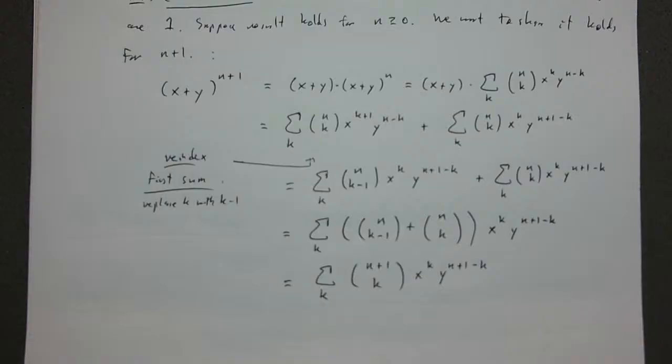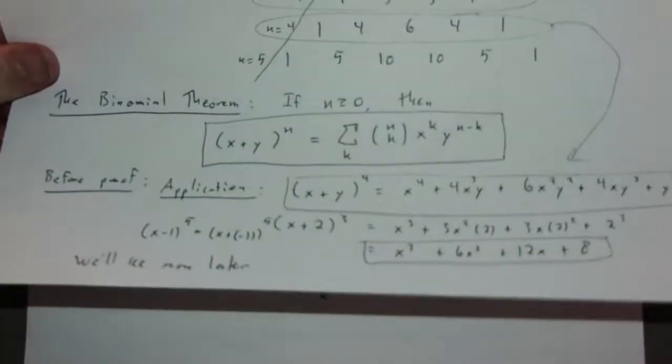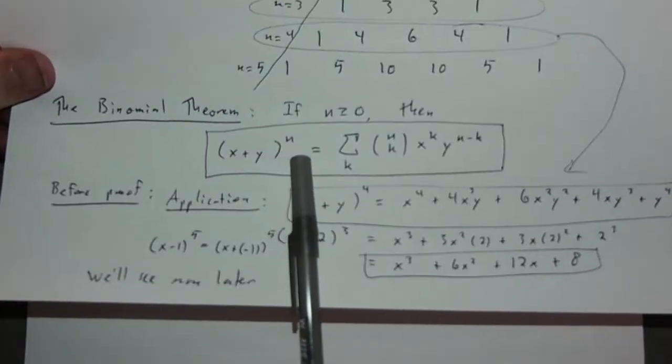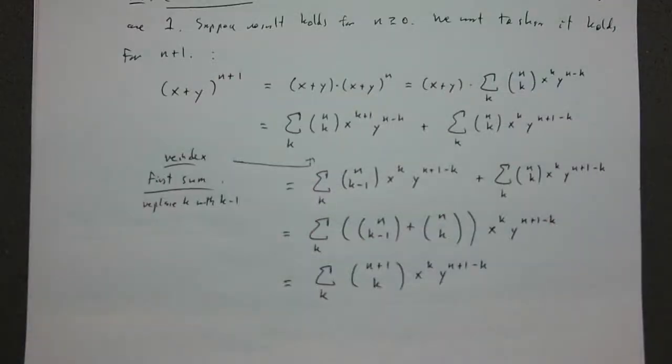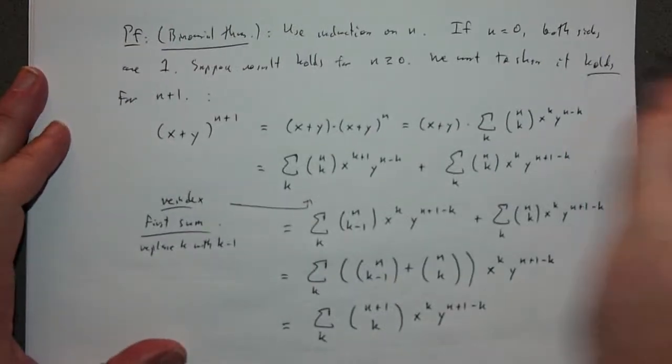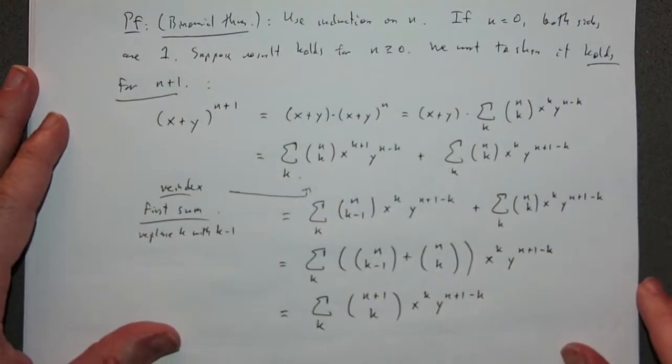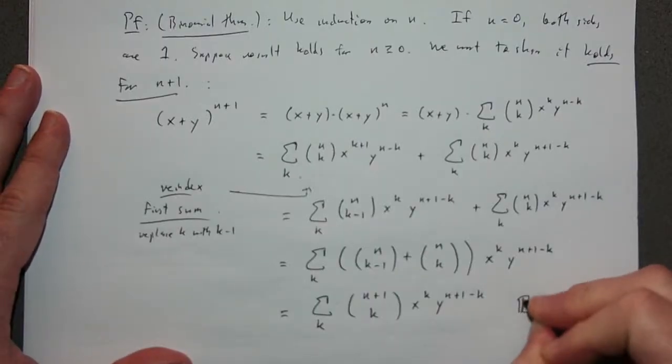Which is exactly the binomial theorem, except with n replaced by n plus 1 everywhere. So I have shown that this result holds for n plus 1. So I'm done with the induction, and the binomial theorem is true.